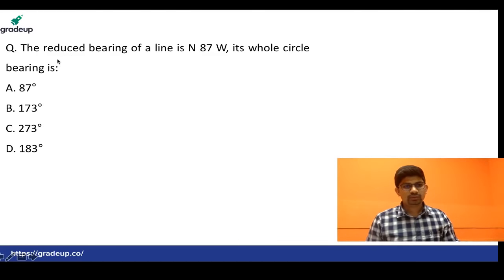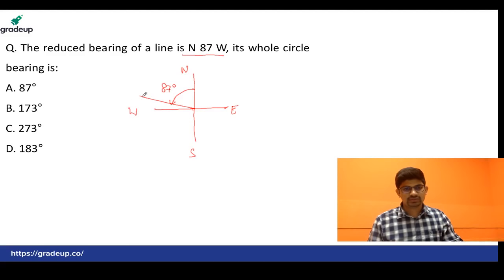Now question number 4. The reduced bearing of the line is north 87 degree west; find its whole circle bearing. I have explained it very well. So this is north, south, east, west. Now northwest, 87 degree. It will be almost like this, and this will be the angle 87 degree. So this line is north 87 degree west. Now you have to find the whole circle bearing.